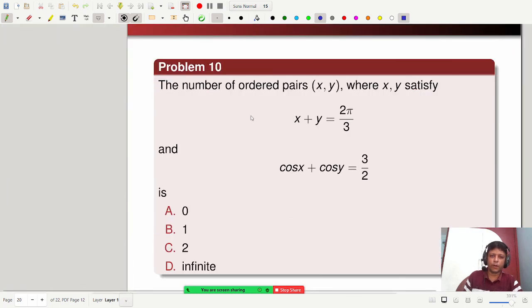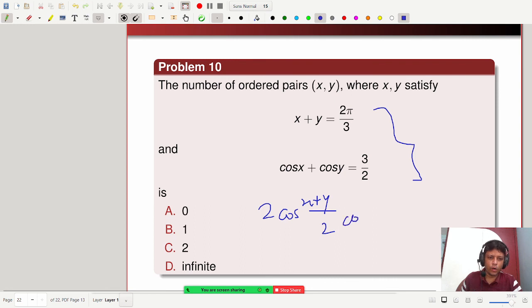The number of solutions of the ordered pair x comma y, where x and y satisfy x plus y equal to 2 pi by 3 and cos x plus cos y equal to 3 by 2. You have two equations and you have to solve for x. Cos x plus cos y, you can apply the cos C plus cos D formula: 2 cos of x plus y by 2 times cos of x minus y by 2 equal to 3 by 2.